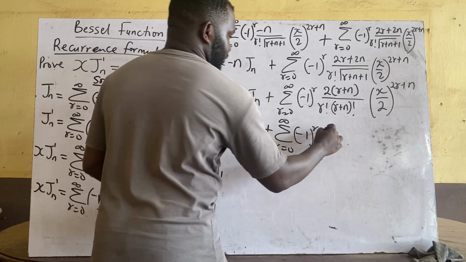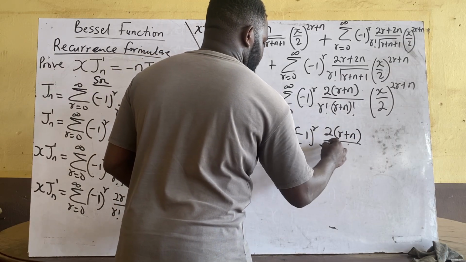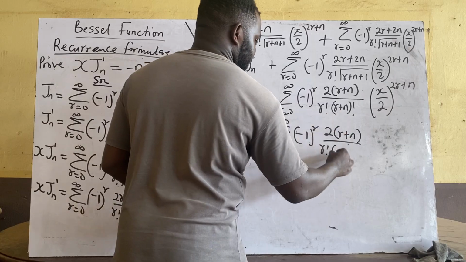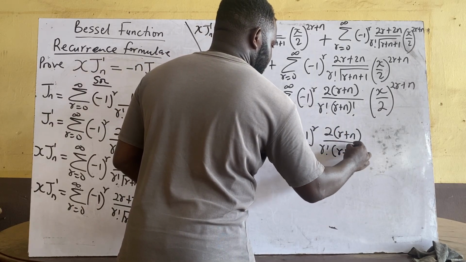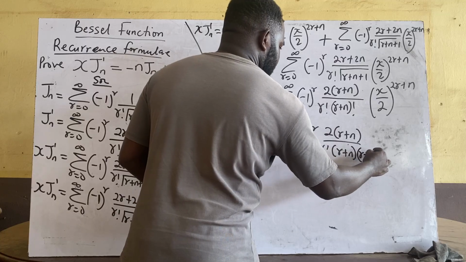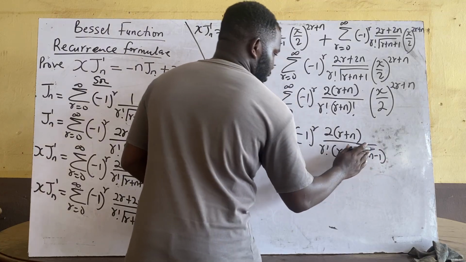Then this is 2 into r plus n, all over r factorial. Then here it is r plus n into r plus n minus 1 factorial.